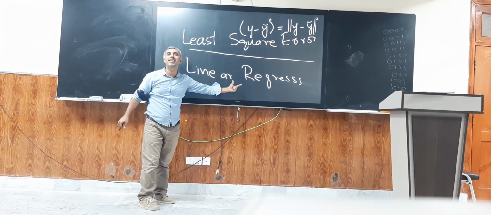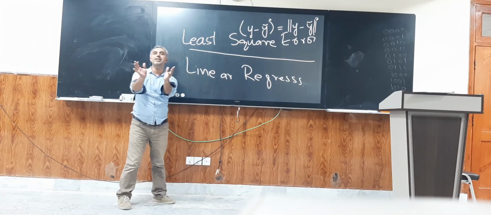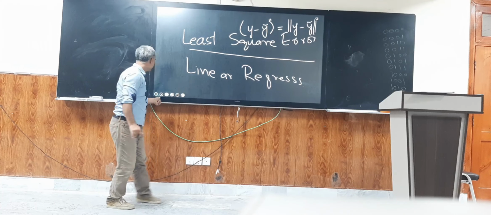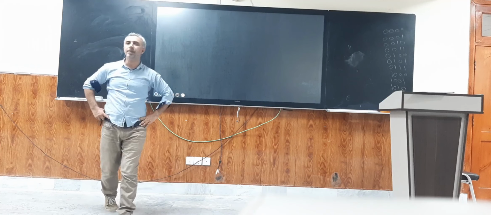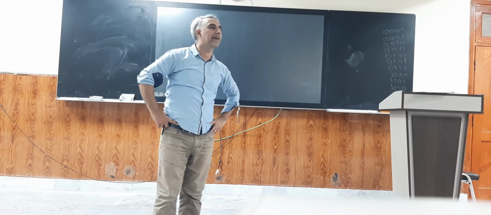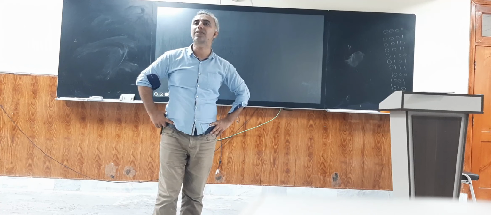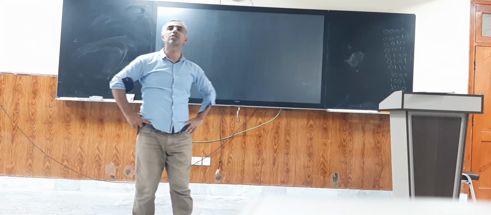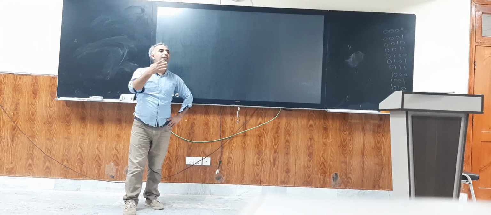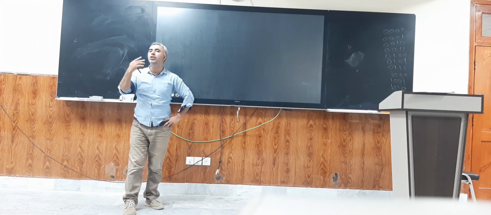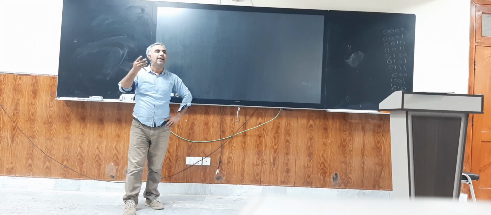So what is linear regression? The linear regression concept is again very beautiful. Let's see, some farmer is growing some vegetables and fruits in his fields. Of course, once the fruit or vegetables become ready, he wants to sell them.